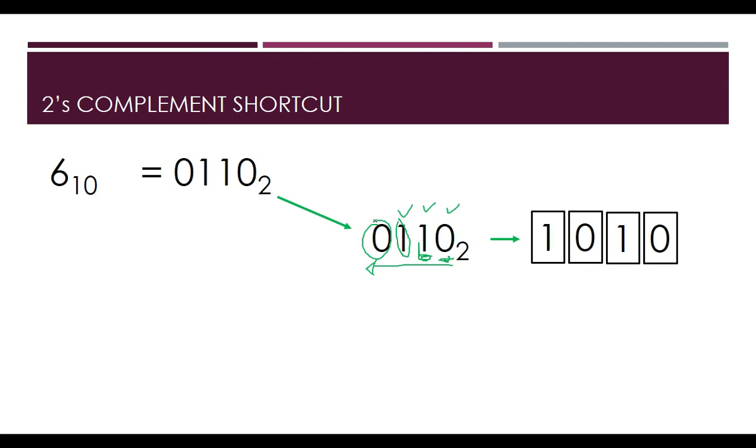All right. So this means that 1010 is equal to negative 6. Okay, so that's how we do the shortcut for 2's complement. So we did not add 1 to it, but we take a shortcut so that we'll be able to make it easier.